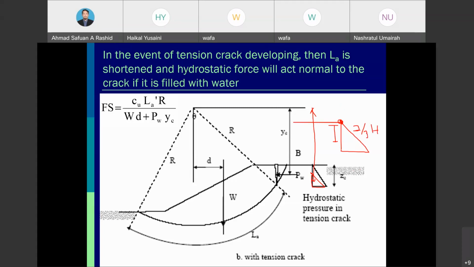And normally for retaining wall calculation, because the base point is at the bottom, we normally use 1/3 of the height. So that is for the YC. Then YC multiplied with the PW, then plus the WD. While for the CU, we need to determine the effective LA, which is LA prime times R, to get the factor of safety value.